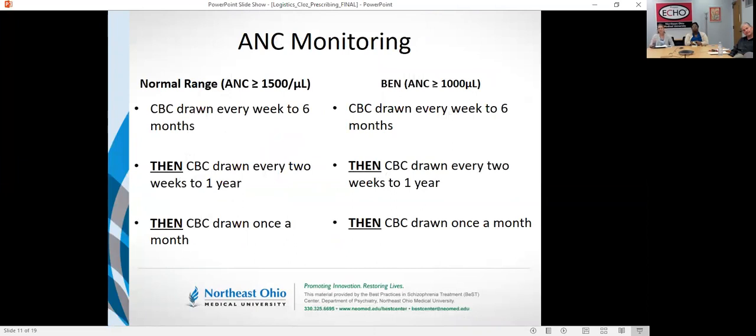So what needs to be done logistically? Patients really need to be set up with a lab that's going to be convenient for them to get to, especially if they need to go very early in the morning or later in the afternoon because of work or school schedules, where they could do that on a consistent basis, because it's required that they get their blood drawn every week for the first 6 months of therapy.